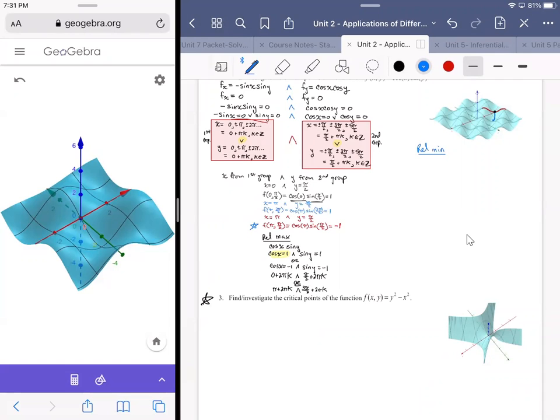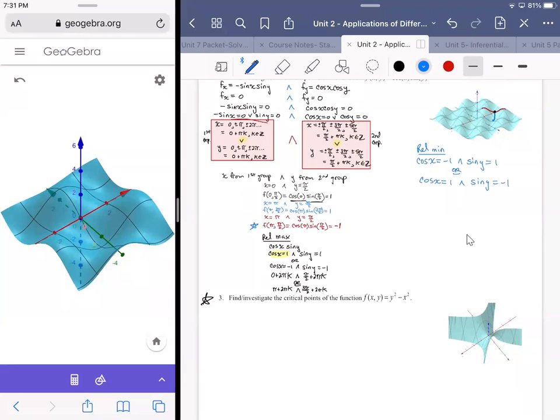All right, so that's going to happen when either cosine of x is equal to -1, and sine of y is equal to a +1, or cosine of x is equal to a +1, and sine of y is equal to a -1.